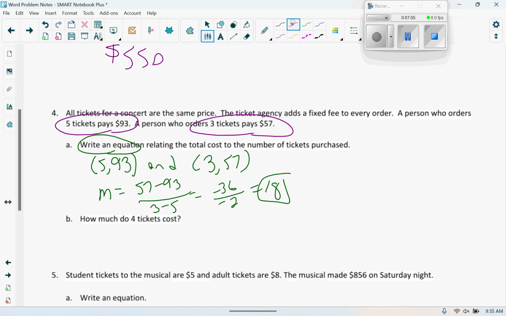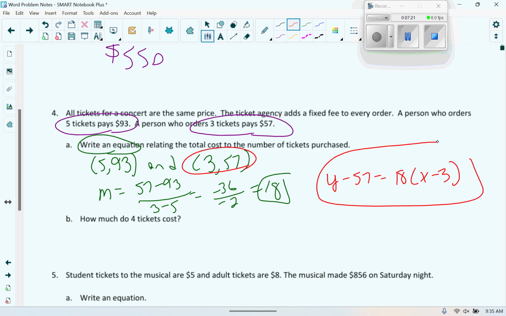This is where point-slope form really shines because now it's super easy. It doesn't matter which one we use. I'll use this one. So I'm going to say y minus 57 is equal to 18 times (x minus 3). Okay, and then it says, how much do 4 tickets cost? Remember, the number of tickets, that's my x.